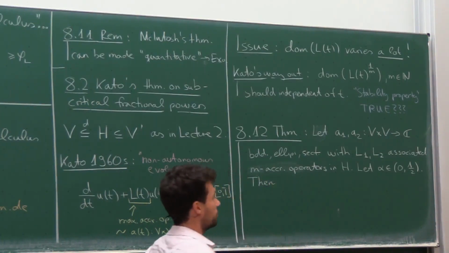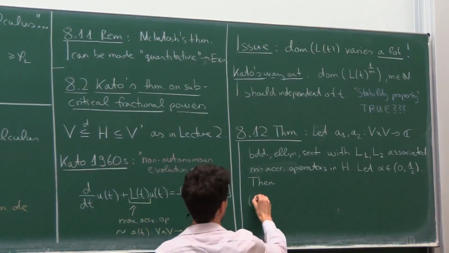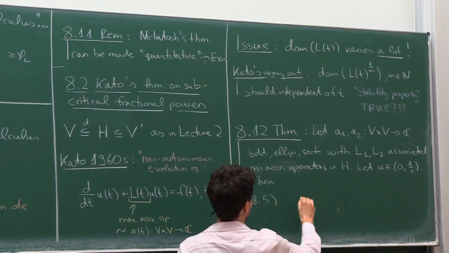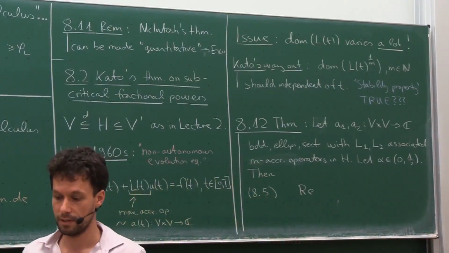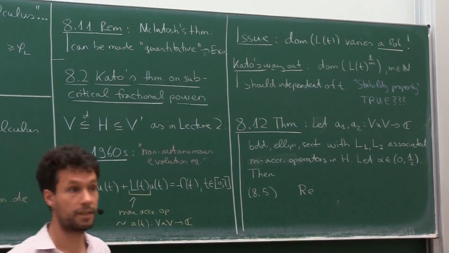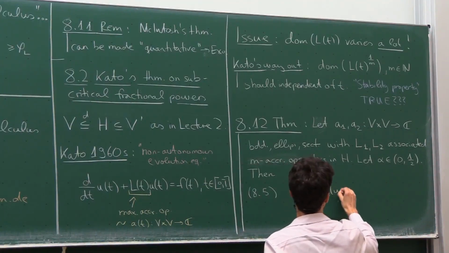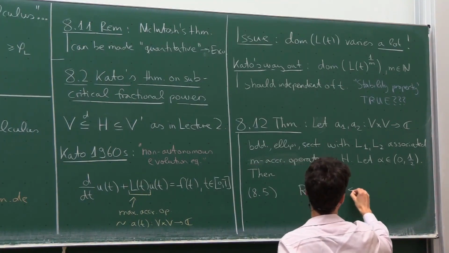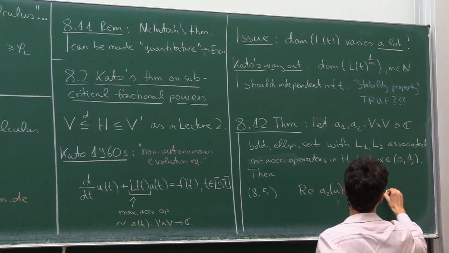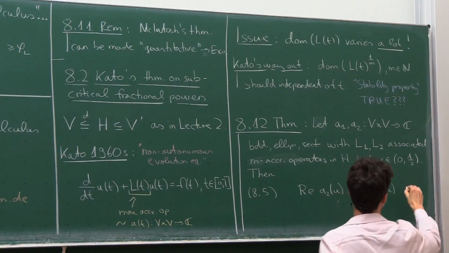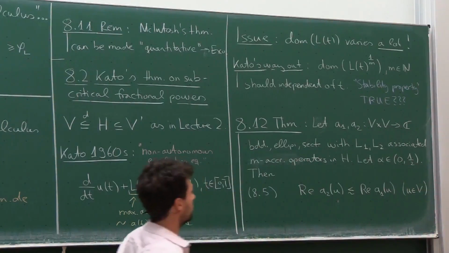So what assumption do we need? The assumption is as follows. Suppose that I can control the real part of the quadratic forms, in the sense that the real part of A2 of u is bounded by a constant times the real part of A1 of u, and that works for every u in the form domain.